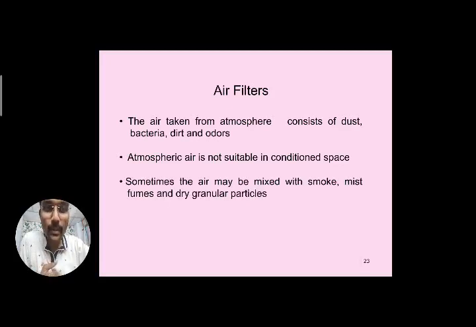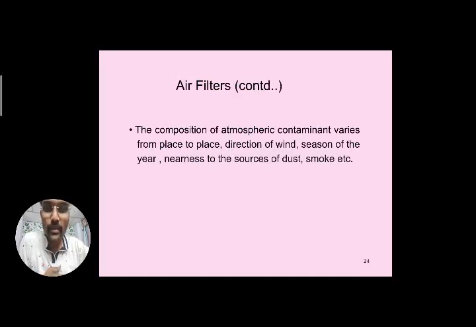Sometimes the air may be mixed with smoke, mist, fumes and dry granular particles. The composition of atmospheric contaminants varies from place to place. Some places have very fresh air, but in some areas, for example, the most polluted cities like Delhi, Mumbai or Hyderabad, the contaminant particles in the air are more. So it depends on that condition, on the direction of the wind, and the season of the year too. In summer more dust can be formed compared to the rainy season.